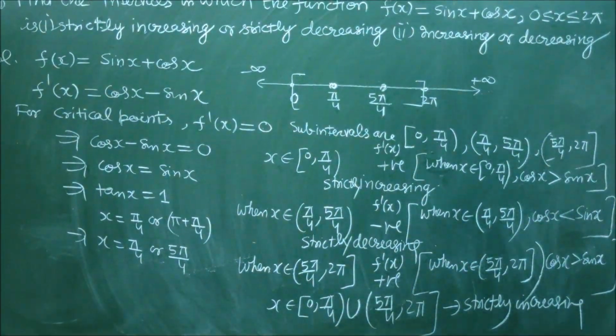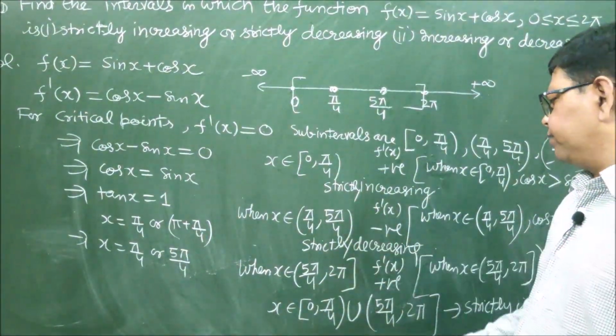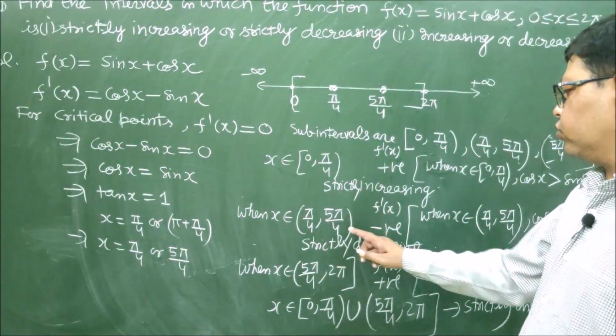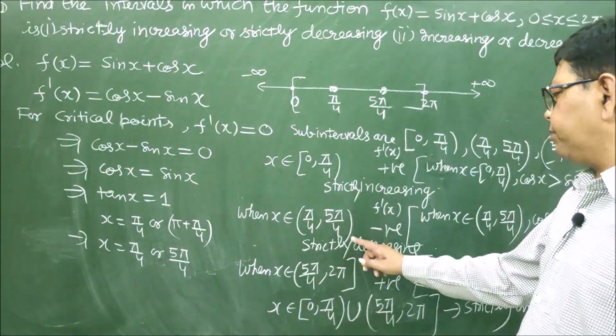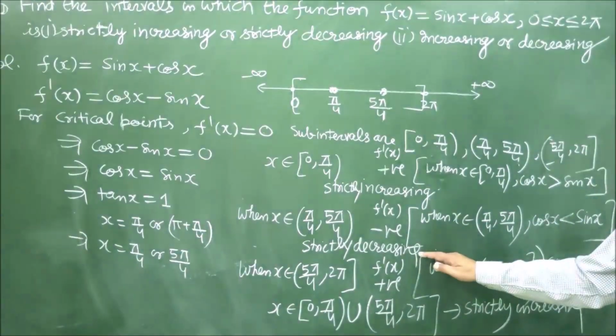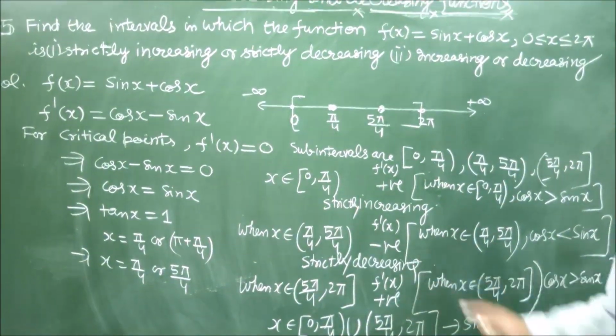And when x belongs to this interval 5 pi by 4 to 5 pi by 4, the given function is strictly decreasing.